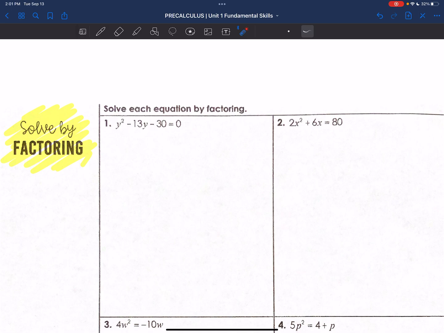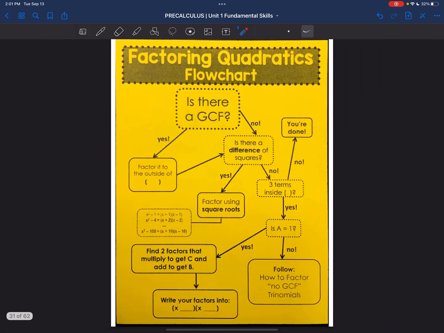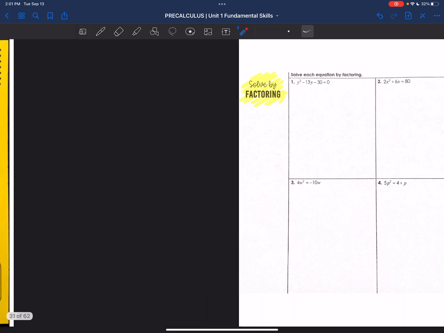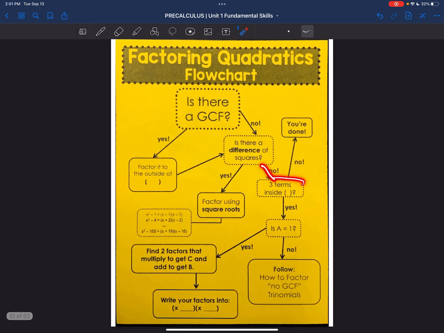No, there is not. So we move on to the next part. There is not a GCF. Our question next is, is there a difference of squares? Well, no, because what we have is 3 terms. We don't have a difference of 2 squares. No, it's 3 terms inside.